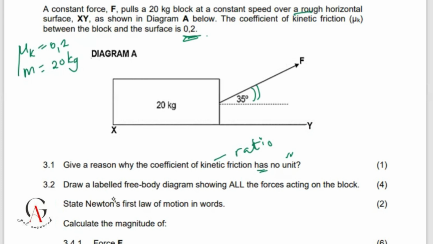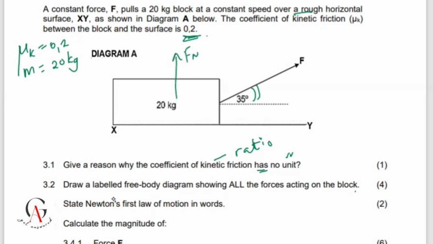Then 3.2, they want us to draw a labeled free body diagram showing all the forces acting on the block. Now, guys, do not lose marks with this. Before we even get to the free body, just look at this block. For as long as the block is on the surface, the normal force is a must.